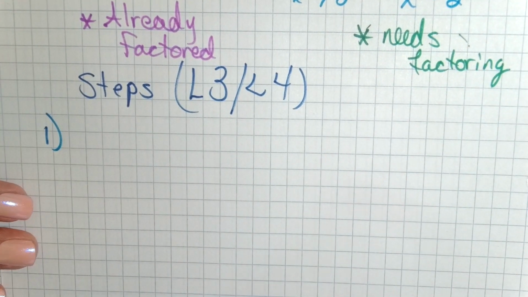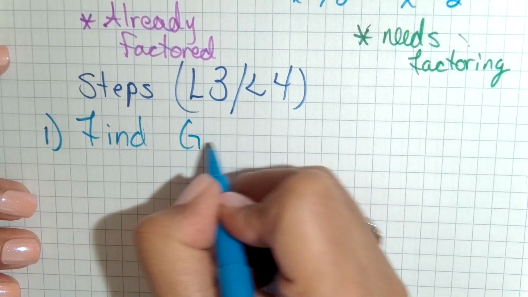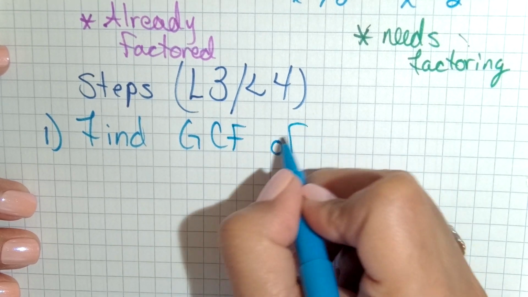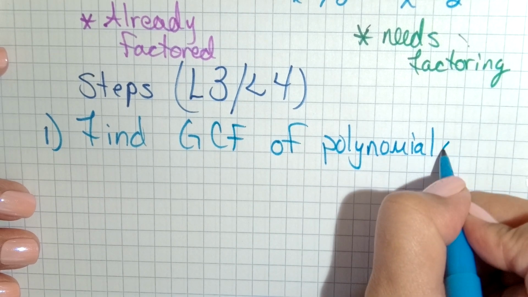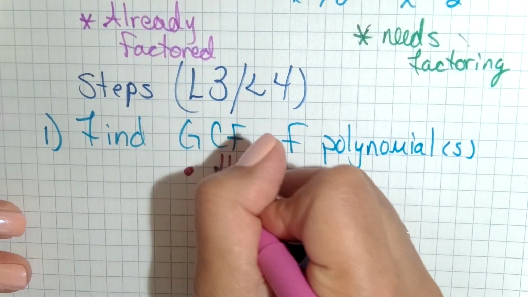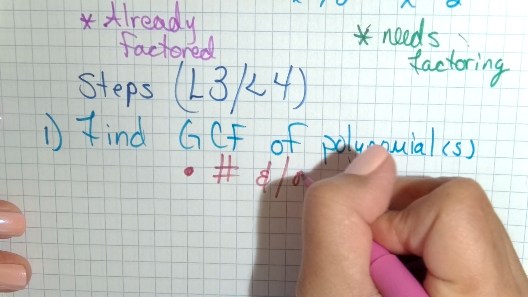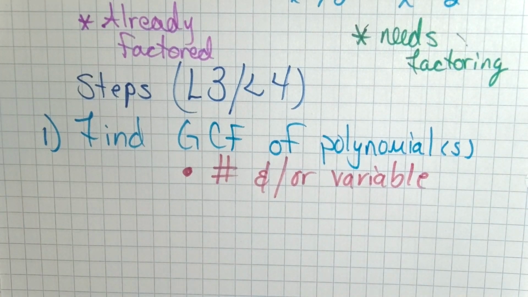So your first step is to find the greatest common factor of the polynomial. You have to do this for both the numerator and denominator. This will be a number and or a variable. You may not even have one, but that is the first thing you need to check for. You need to check to see if it has a greatest common factor.